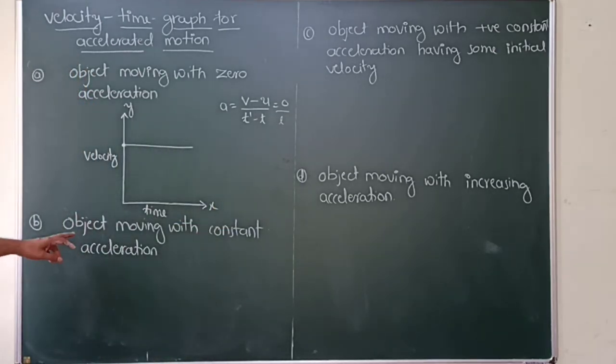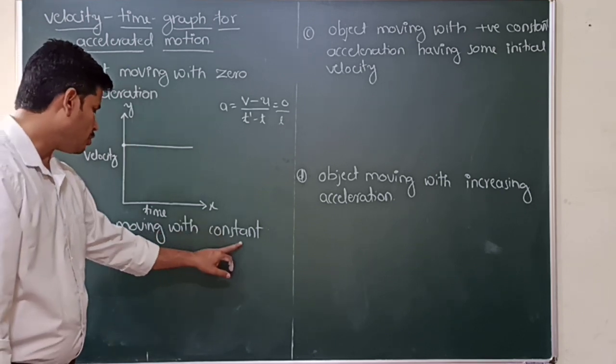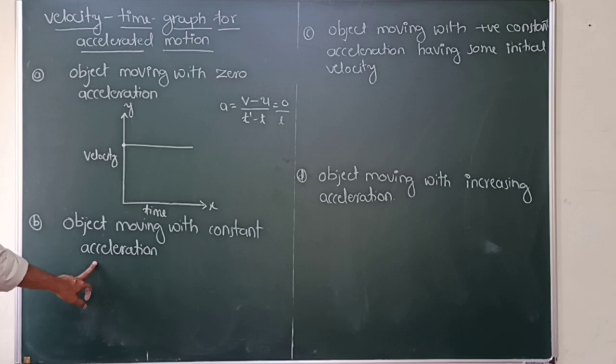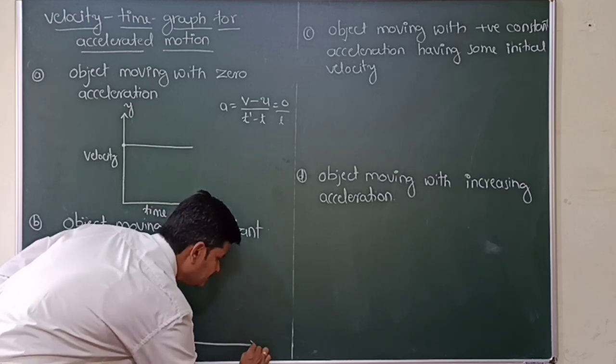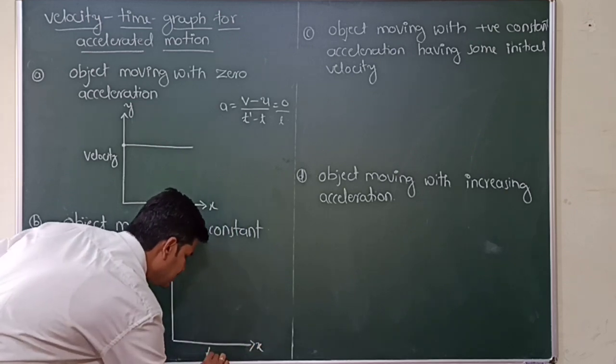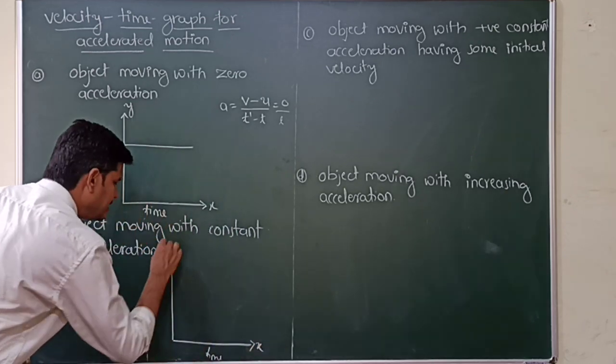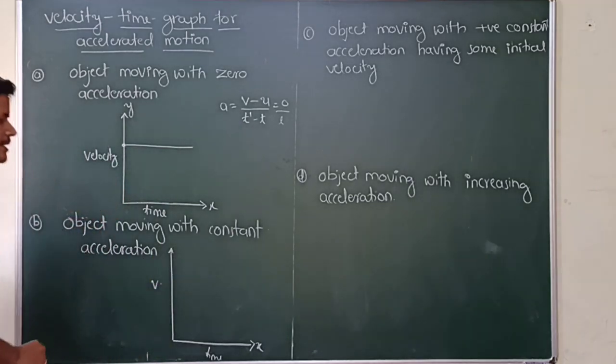Okay. Now see the second graph, the object moving with constant acceleration. Now, if I draw the graph like this, along the x-axis once again time, and along the y-axis velocity.